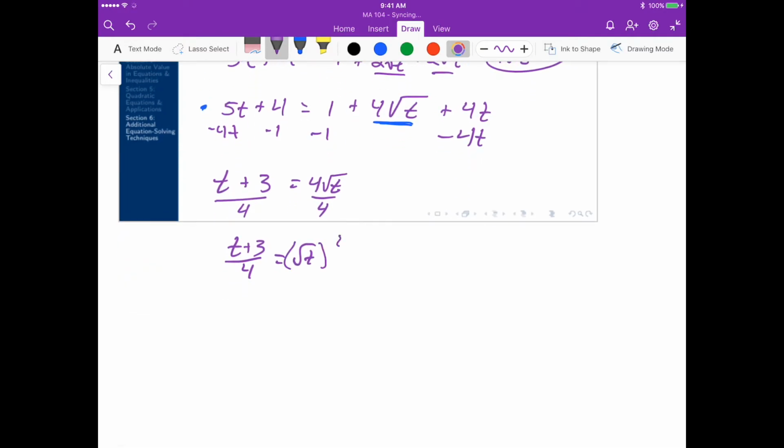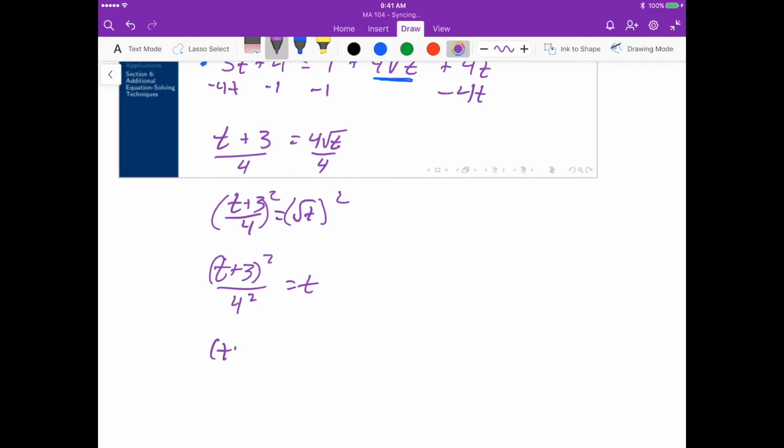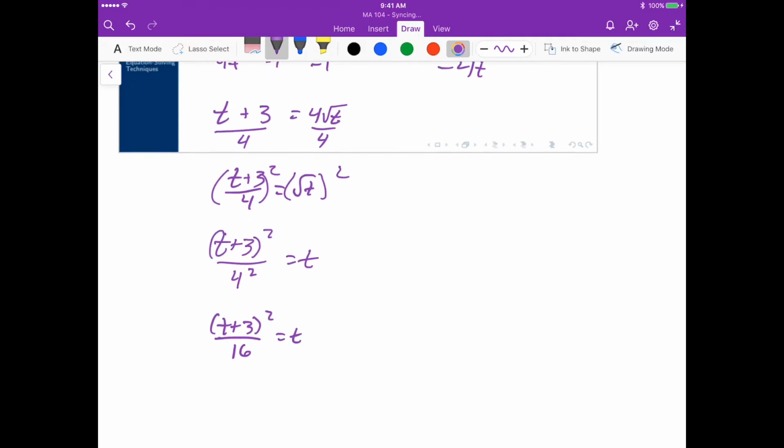Now I'll square both sides. t plus 3 quantity squared over 4 squared is equal to t. So t plus 3 squared over 16 is equal to t. Now when I solve it, I can use any other algebra I want. I'll cross multiply. t plus 3 squared is equal to 16t.